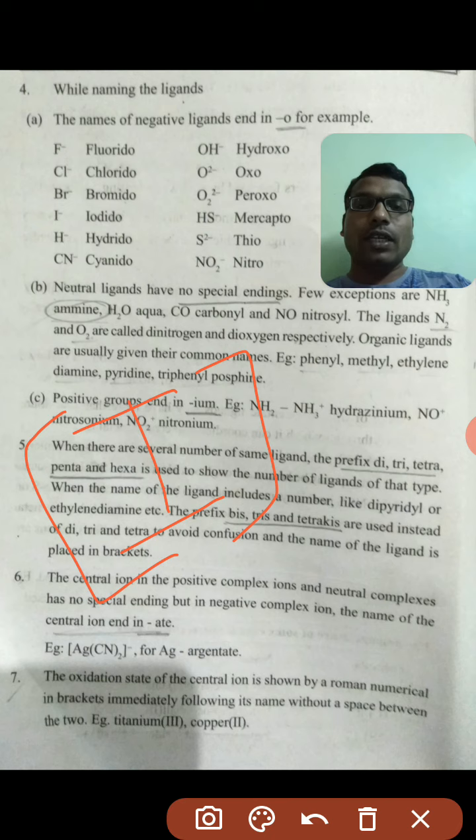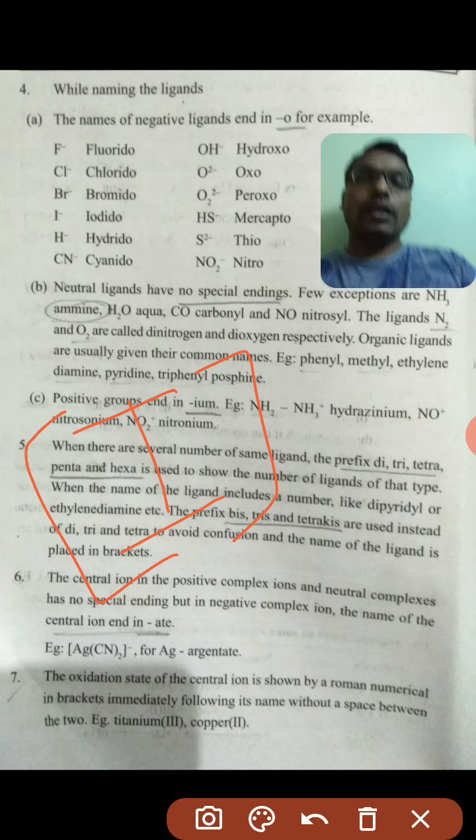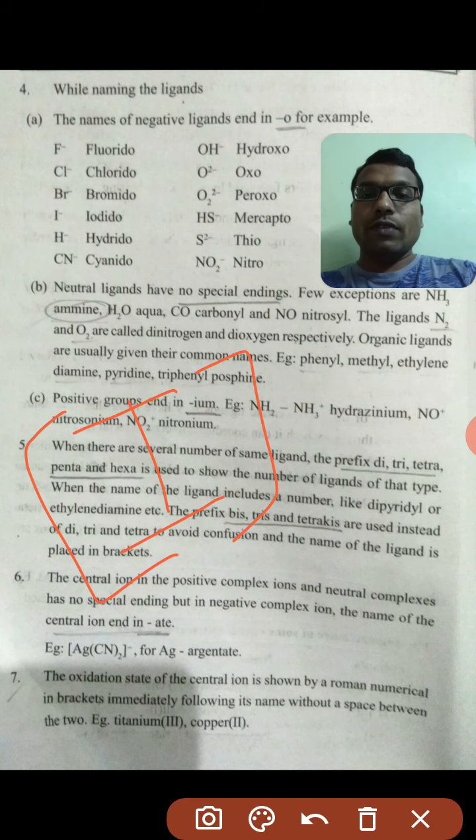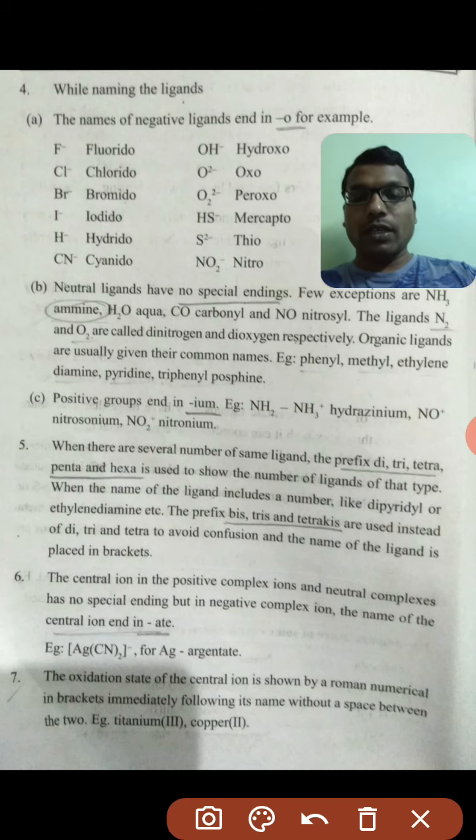So after writing the ligand, next we write the metal. After writing the metal, we write the oxidation state, in Roman numerals, in brackets. You can see the example: titanium(III), copper(II). Okay, so next we'll go for the next slide.